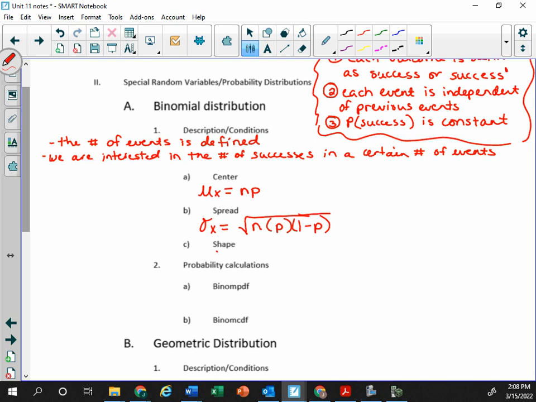And your shape, as we talked about before, varies. Just get the formulas jotted down. I will go through them with numbers and an example, and it'll make more sense, okay?